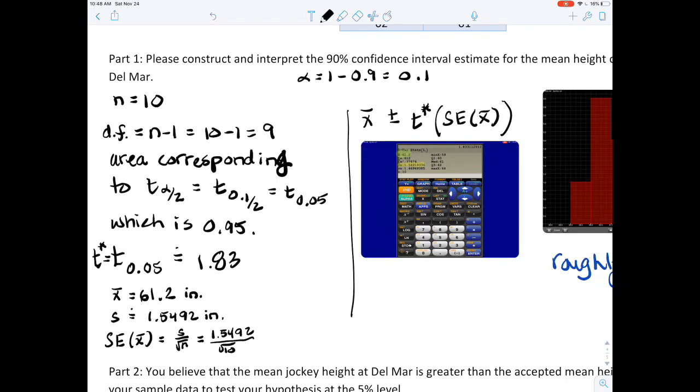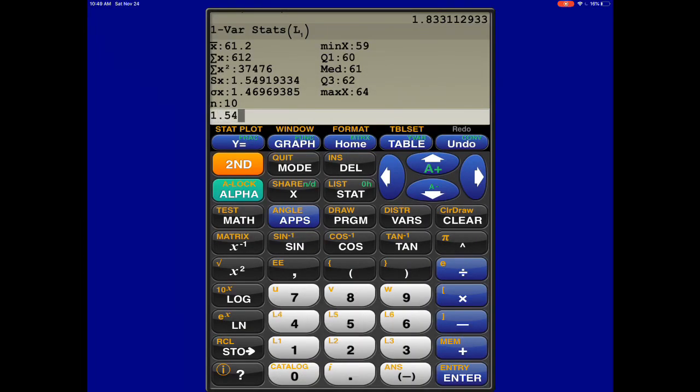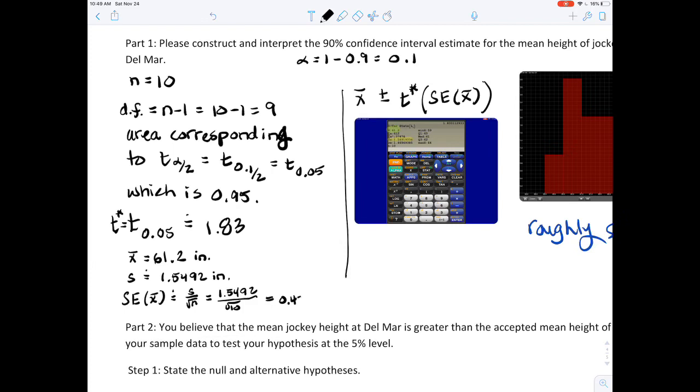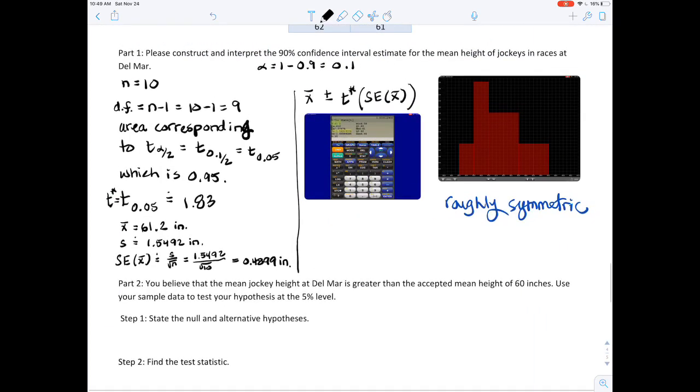And then these are all approximate, which will be 0.4899. That's still in inches. All right, so let's finish her off.